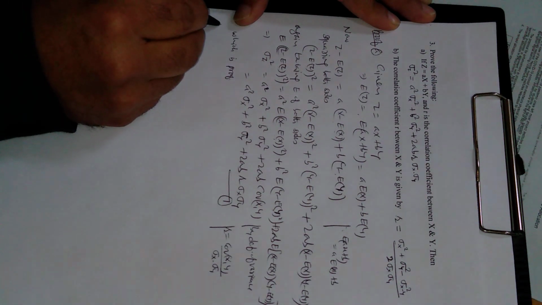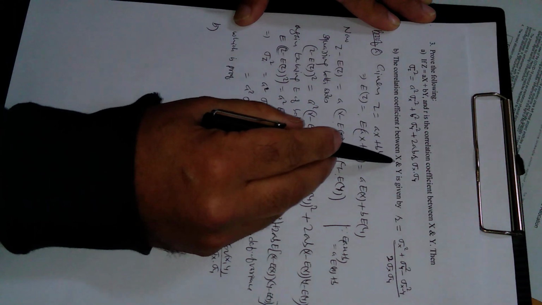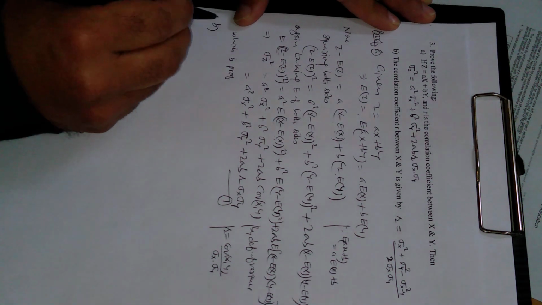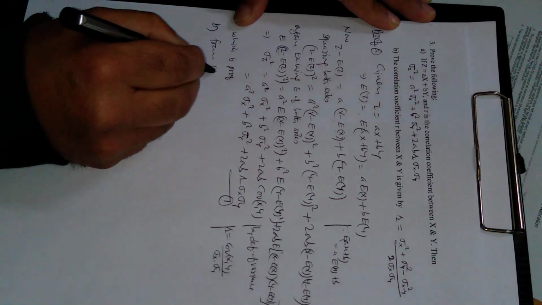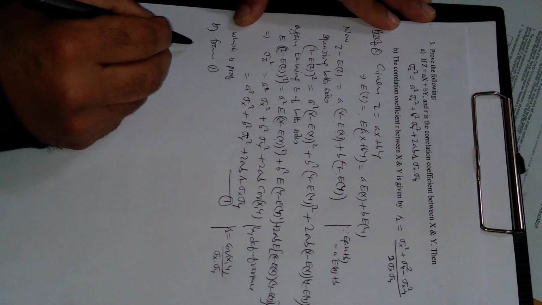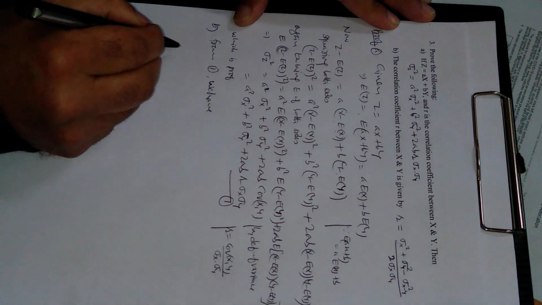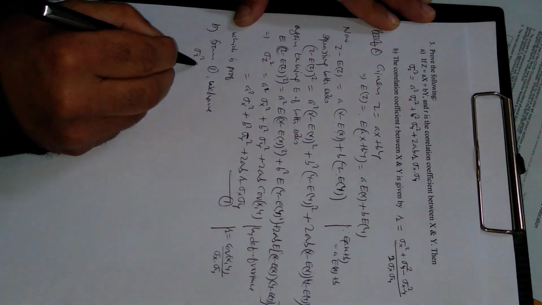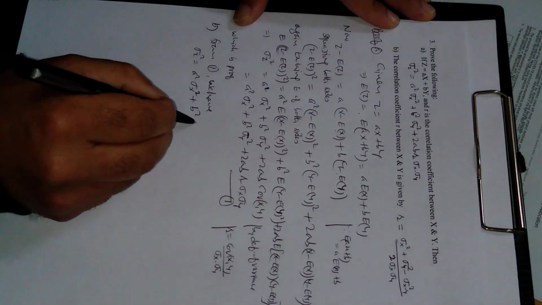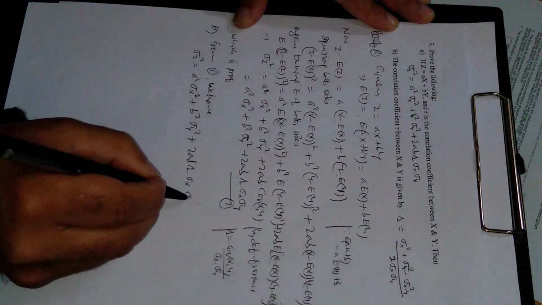Now come to the second part, b. In the second part we have to prove that r, the correlation coefficient between x and y, is this one. Prove this part from equation 1. From 1, find the value of r from here. So we have sigma z square equals a square sigma x square plus b square sigma y square plus 2ab r sigma x sigma y.